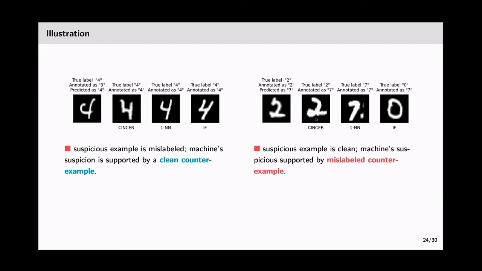However, this counterexample is mislabeled, because it was annotated as a 7. And so you justify the machine, which predicts this 2 also as a 7. So in this case, the suspicion of the machine is supported by a mislabeled counterexample. And if we fix this counterexample, we are able to also fix the prediction for this image.